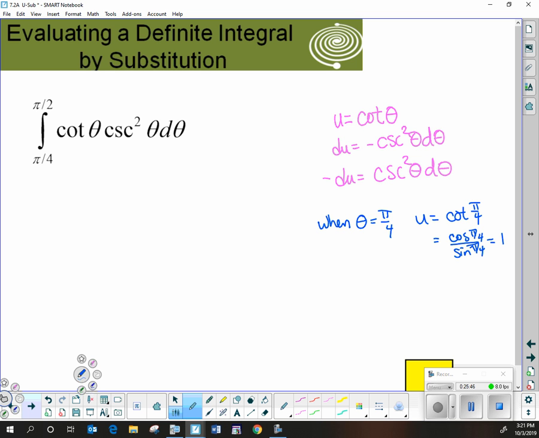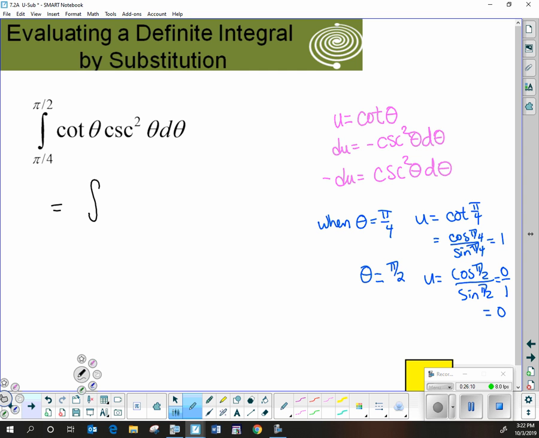And it definitely is positive. Okay, what about when theta is equal to pi over 2? u would become cosine pi over 2 divided by sine pi over 2. That's like saying 0 divided by 1. We get a 0. All right, so I think we'll have some flipping to do here.